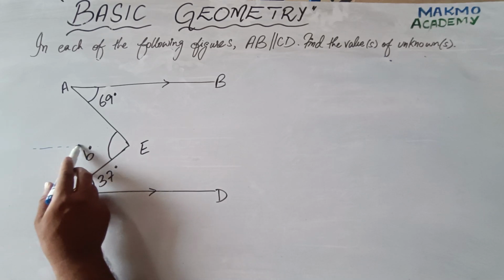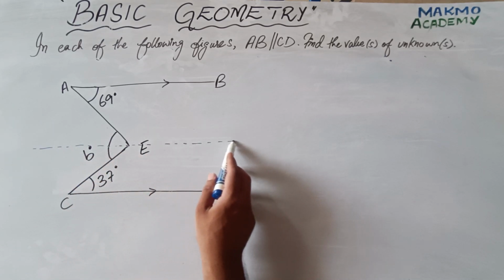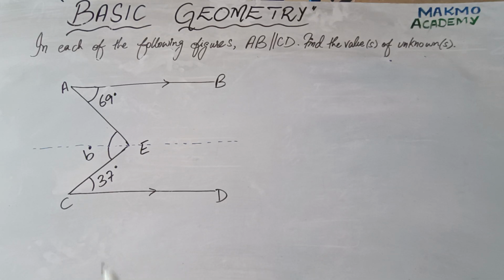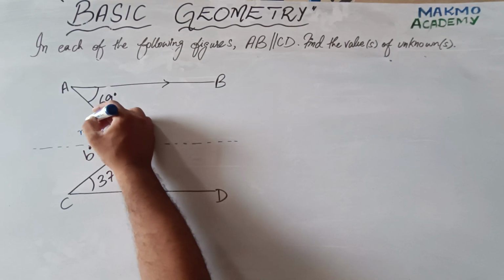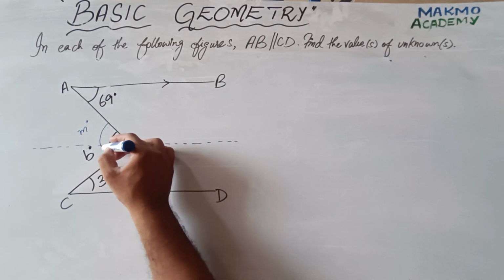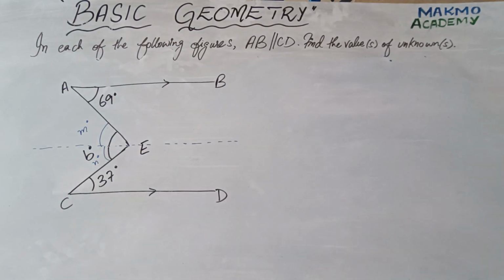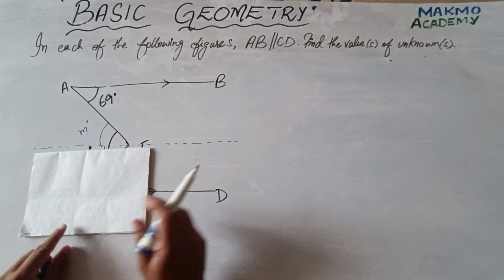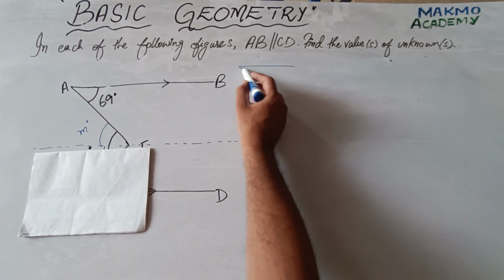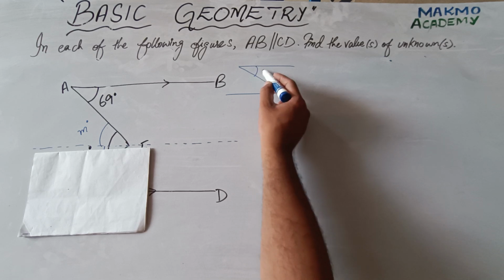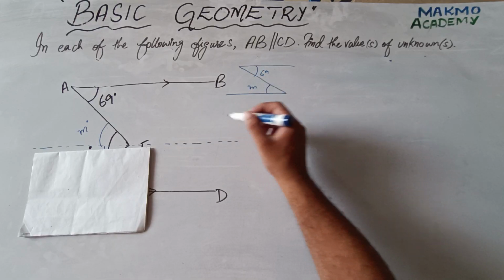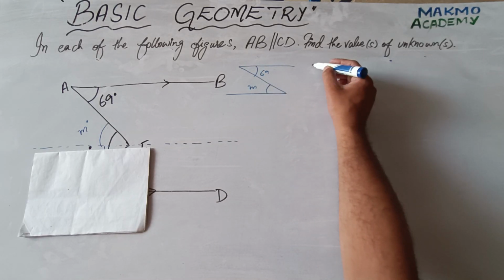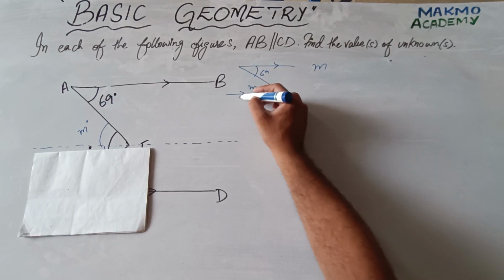We will divide this into two halves. By doing this, I am naming this angle M and this angle N. If I hide half of the top figure, I am left with 69 and angle M. They are both alternate angles because they are making a flipped Z, and Z means alternate angles.